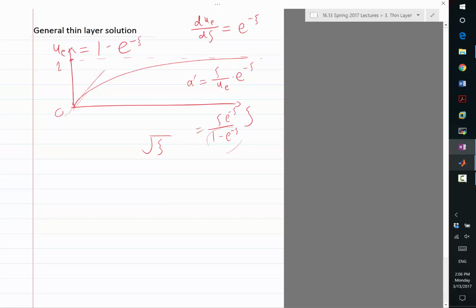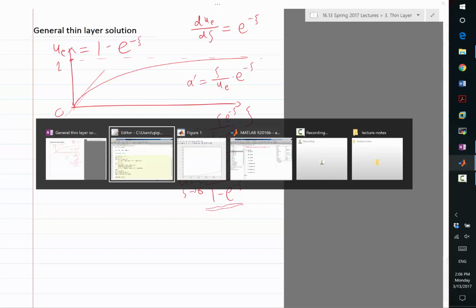If you take the limit as C goes to 0, you basically need to do a Taylor series expansion of 1 minus e to the minus C, and the ratio is going to be 1.